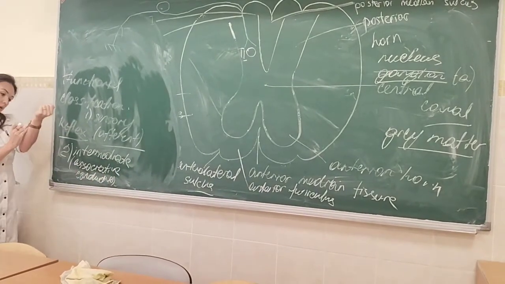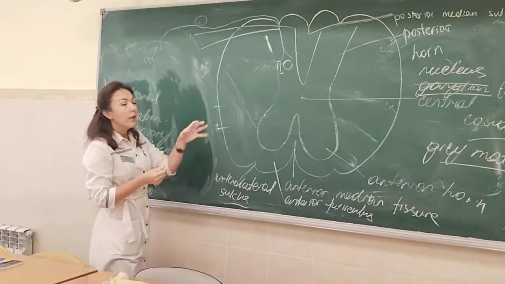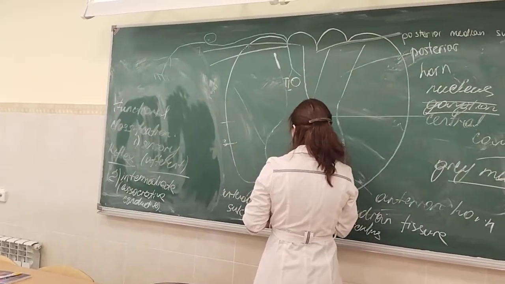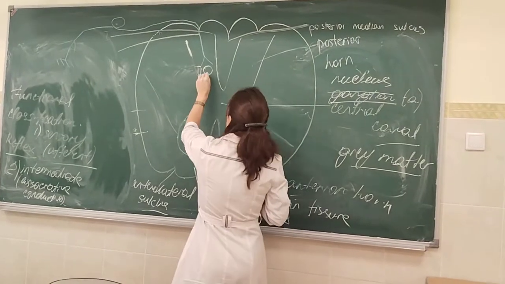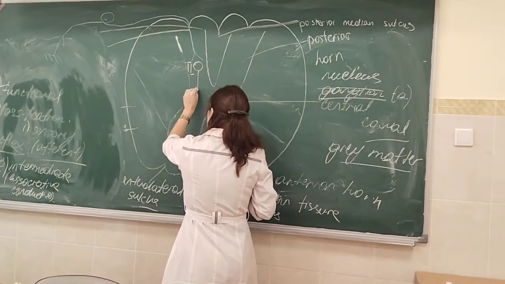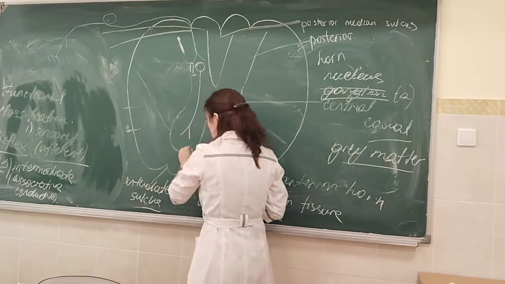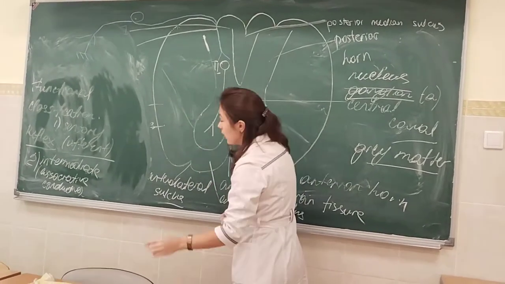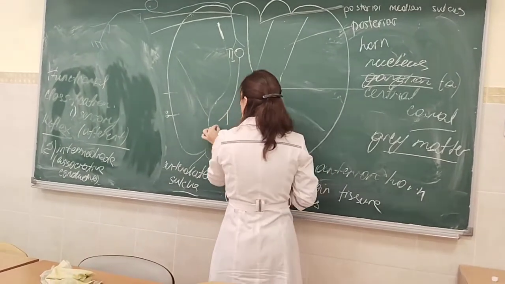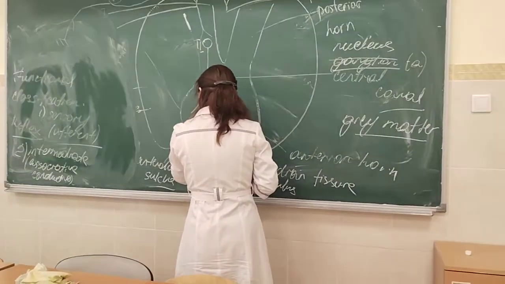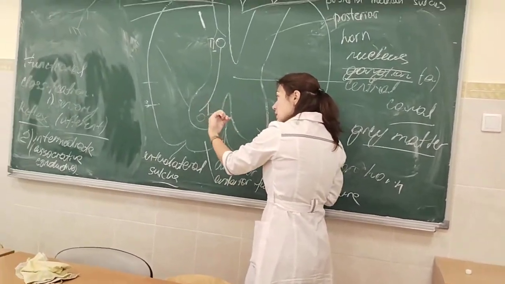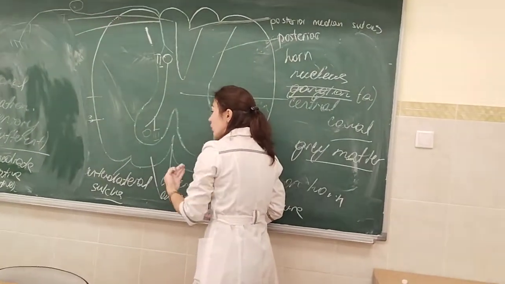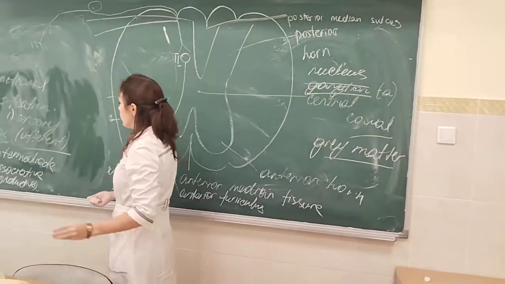So here, in the body of conductive neuron, analysis of the data takes place and responsive stimulus is generated. And this responsive stimulus, along the axon of intermediate neuron, moves anteriorly to the anterior horn of the spinal cord and gets transmitted via the synapse to the body of third order neuron, that is motor neuron.